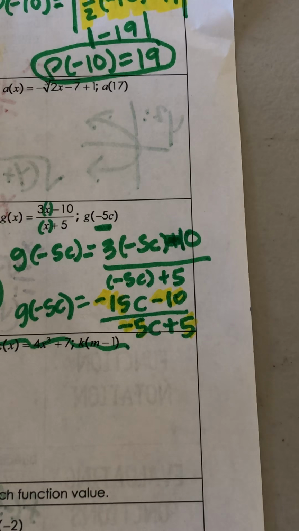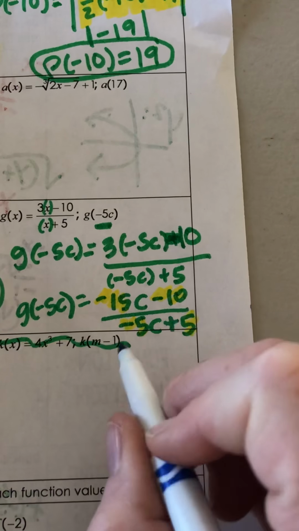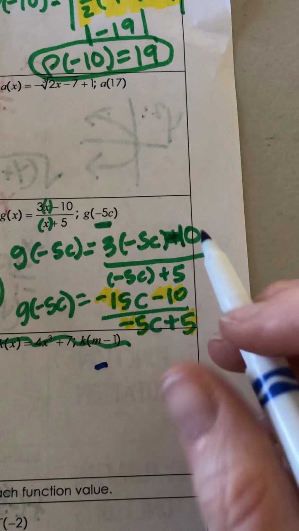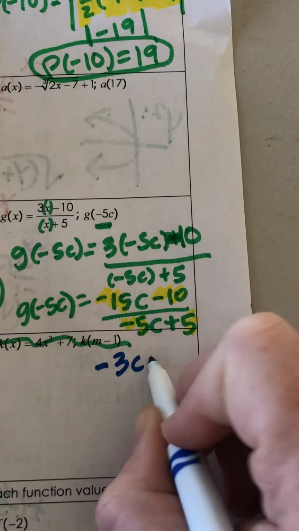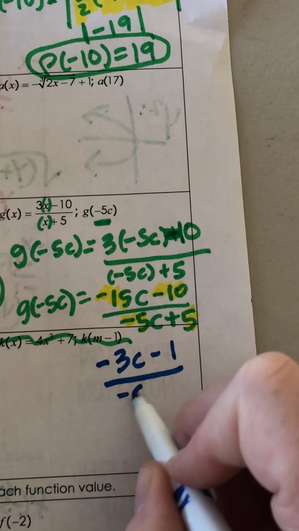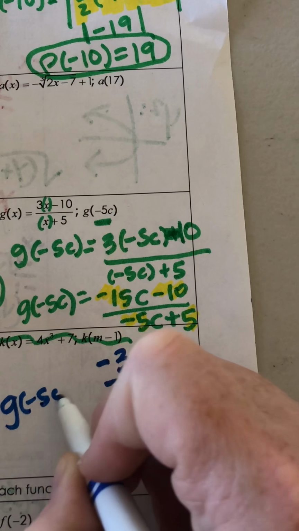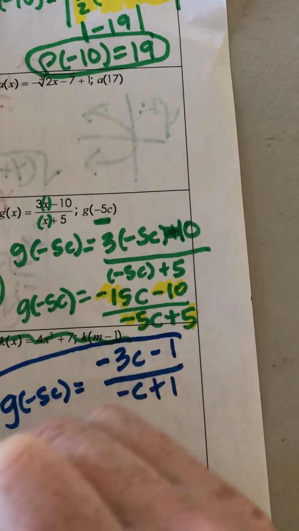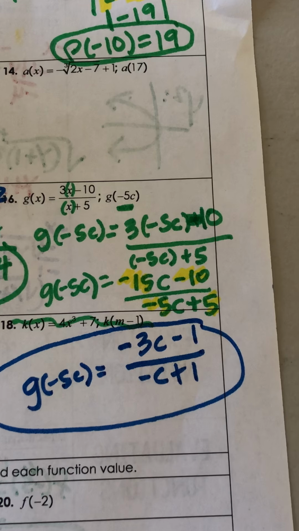So factoring out a 5 or dividing everything by 5, either way, we should be able to reduce this, and you really do need to do that. So negative 3c minus 1 all over negative c plus 1. That is not the only way to write this. It's just a solution. So make sure you plug in and also reduce.